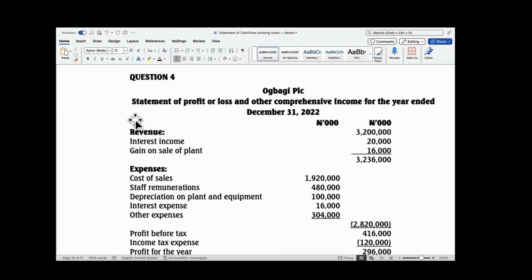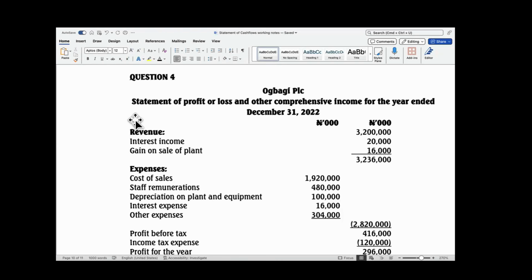As you can see, when we used the indirect method for the first question, all we were doing was adjusting non-cash items from our profit before tax or profit from operations, so that we can convert that profit to a cash profit.